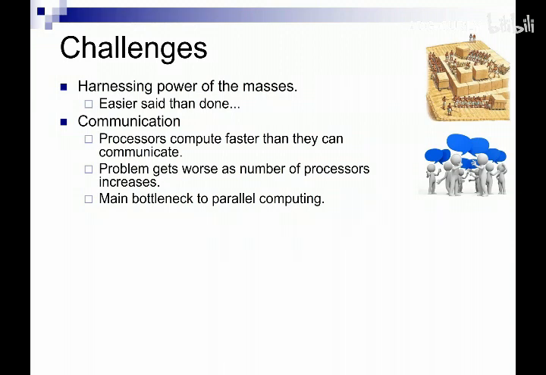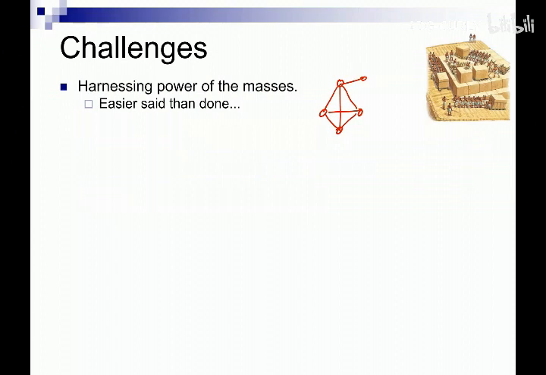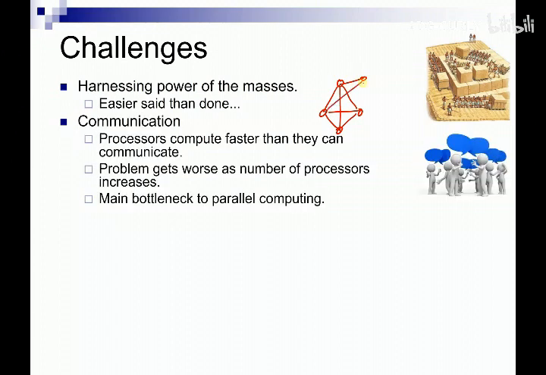For example, if you have 3 processors, you could have this triangular communication pattern, so you need 3 communication links between the 3 processors. Now, if you have a 4th processor, and it needs to talk to all of the other processors, then you have 6 communication links. If you have a 5th processor, over here, we are going to have 10 communication links.